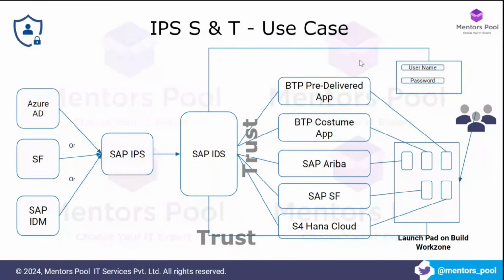After authentication, IDS sends a SAML or JWT token depending upon the trust created, and then the authorization is checked in Ariba itself for this user, and the user gets access to Ariba. This is the whole IAS and IPS flow, where you use the source and target framework in a real-time scenario.